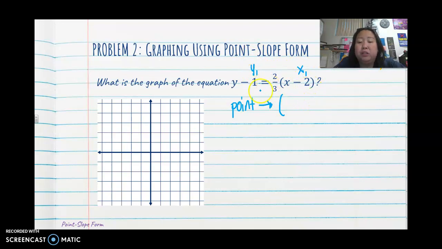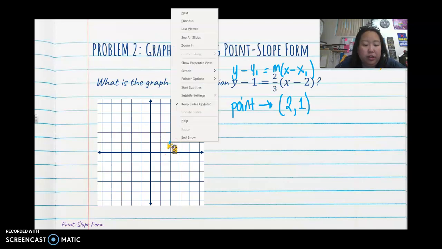All right, so remember, it should follow the pattern y minus y sub 1 is equal to m times x minus x sub 1. So as you can see, x sub 1 is directly going to be equal to +2, okay? And then our y sub 1 is going to be 1. So we have a point at (2, 1), and that will be here. So this is 2, and then this is 1 here. So there is a point over here.